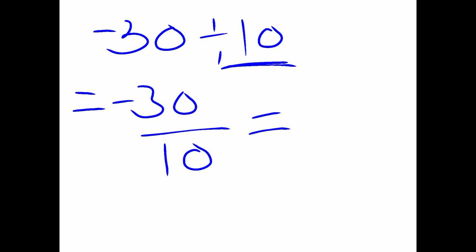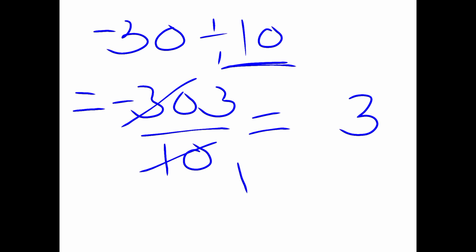You can easily recollect the table of 10. 10 ones are 10, 10 twos are 20, 10 threes are 30. The answer is 3. Now you have to decide what will be the sign of the answer 3.